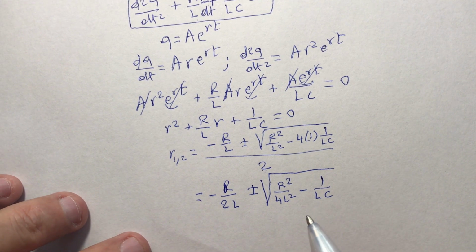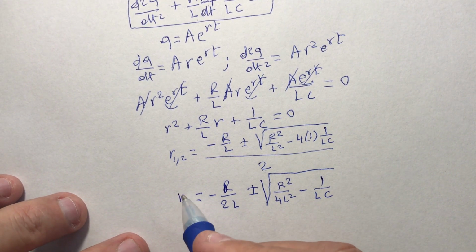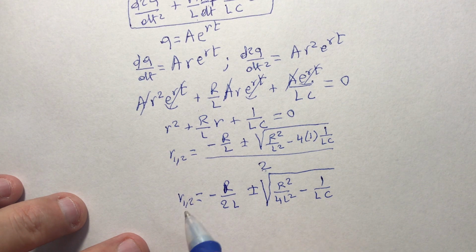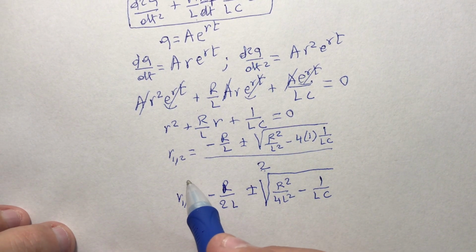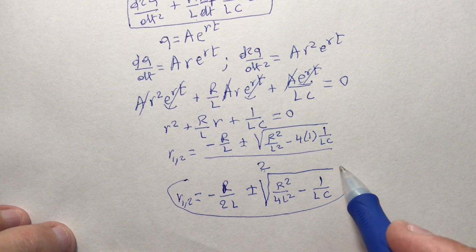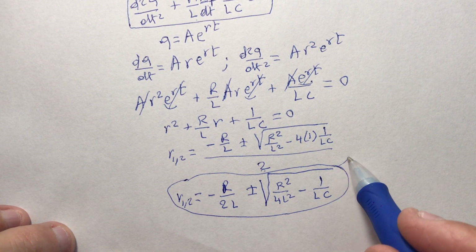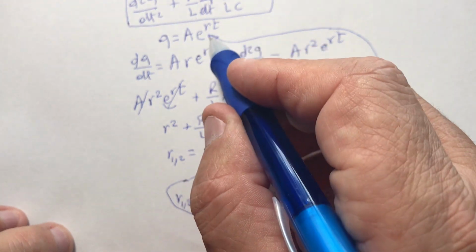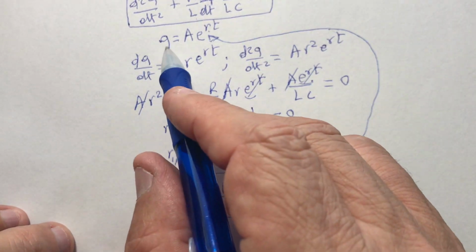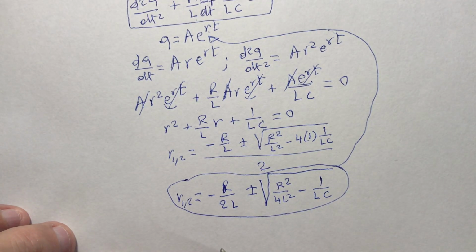Now, remember this is r_{1,2}. We have that plus or minus. Remember this r that we found? We have to put it back there, because remember we're looking for q.